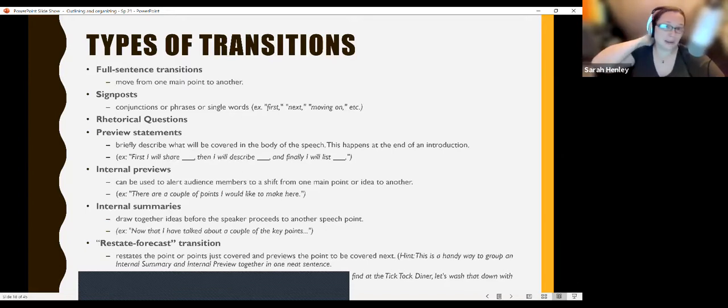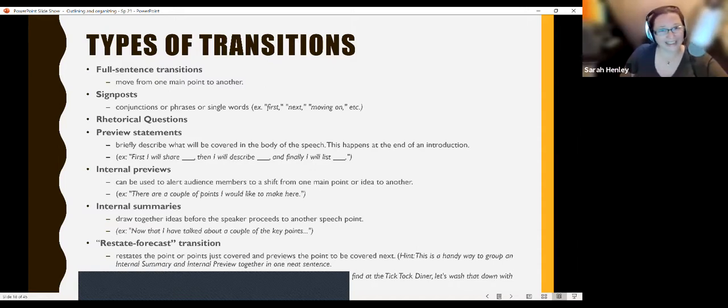And then, of course, we have summaries, which conclude or wrap up or revisit the things that we've just talked about, in very brief terms. The example here is, now that I've talked about a couple key points. Both of those things do the job of helping us know where we were and where we're going.